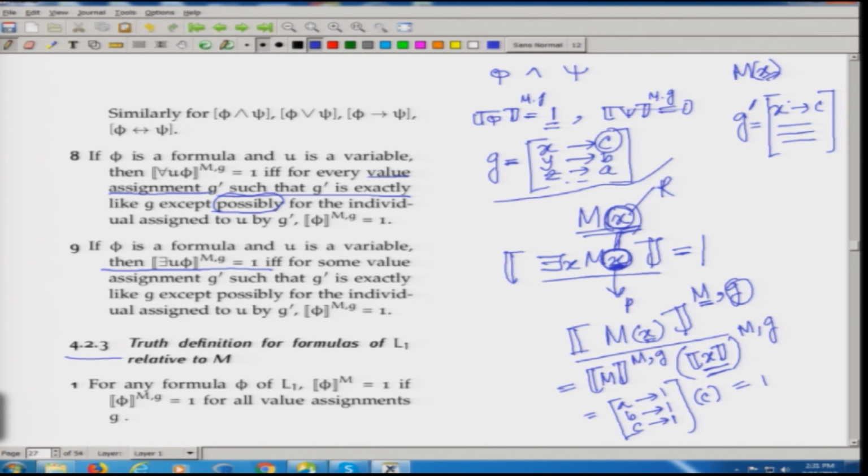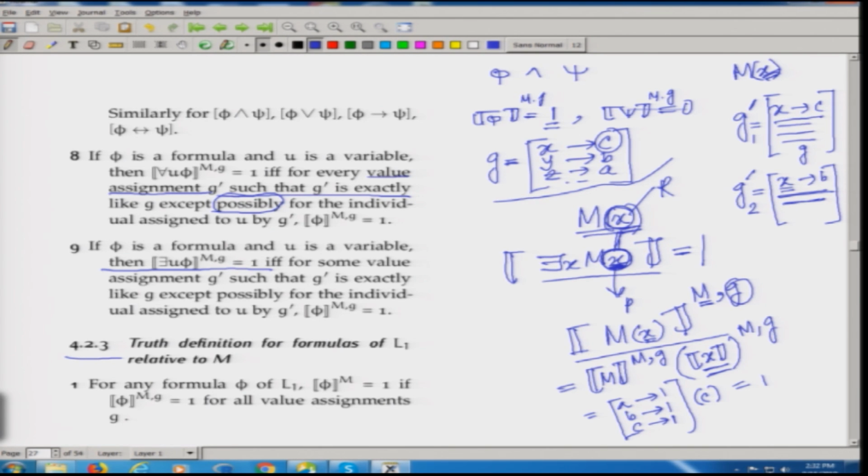And so, this is basically g. And then the second g prime: if this is g prime 1, which is g itself, g prime 2 could be x gets b, others remain the same. You see here, it is possibly different; it is exactly like g because all other things remain the same, but when it comes to the active variable x, it changes. So, g prime is exactly like g except possibly for the individual assigned to u by g prime. So, u is our x in this case, u is the active variable.